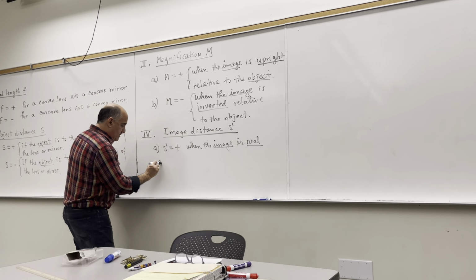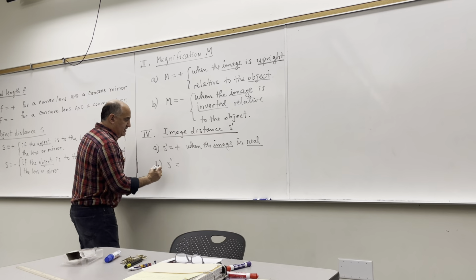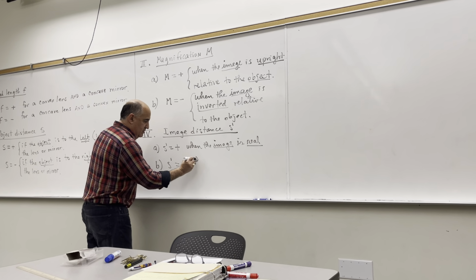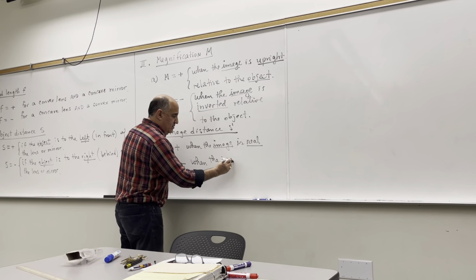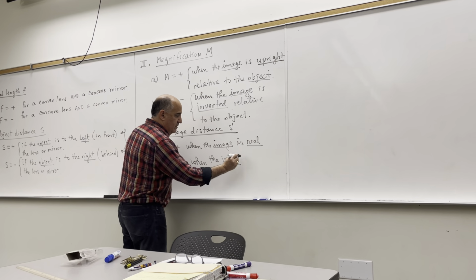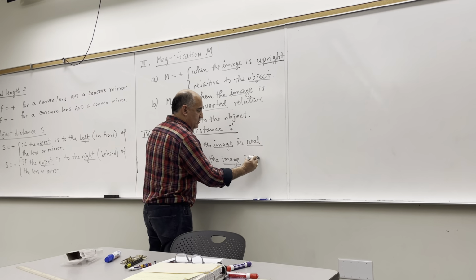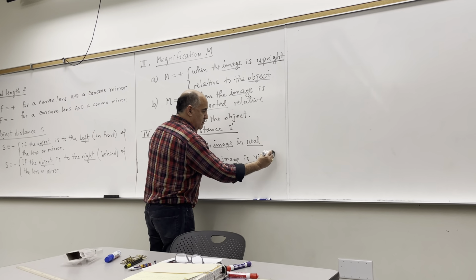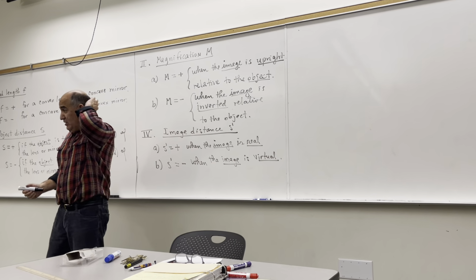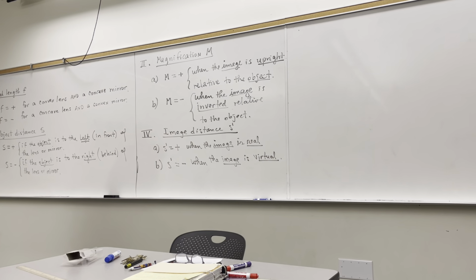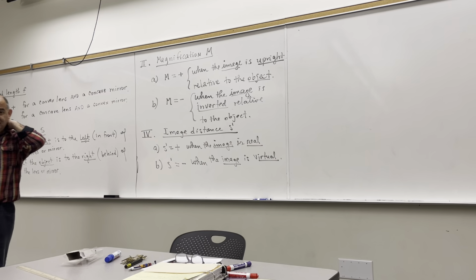And if the image distance is negative, that means that the image is virtual. That's it. The question is, what does real mean and what does virtual mean?